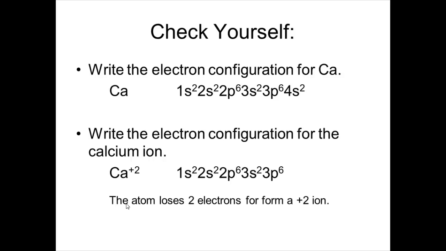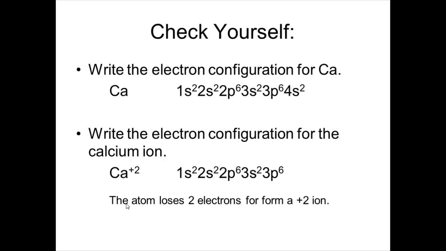Now for calcium to become the calcium ion, you need to count the squares going forward to the noble gases in group 18 and count the squares going backwards to the nearest noble gas in group 18. For calcium, the easier way is to go backwards.